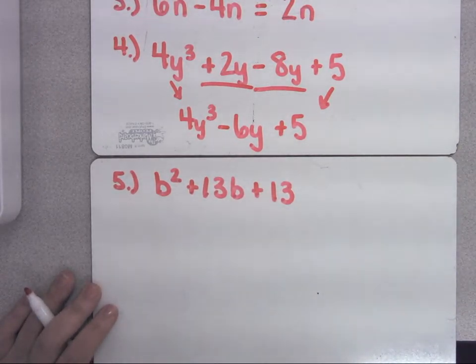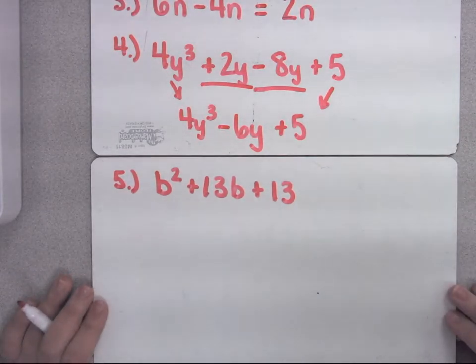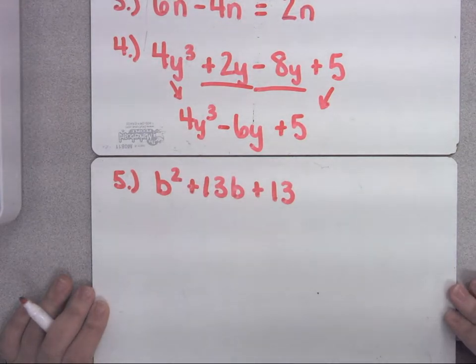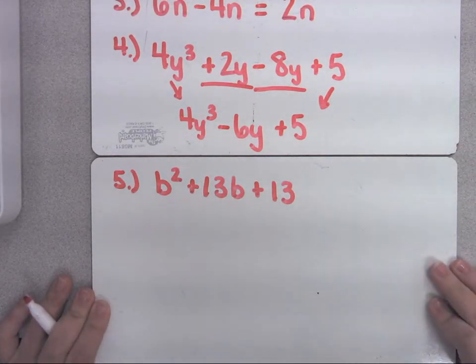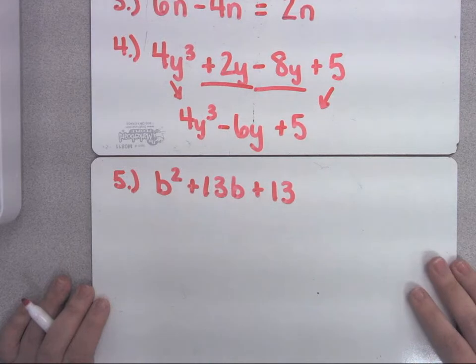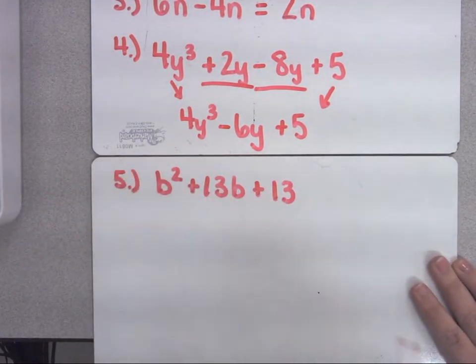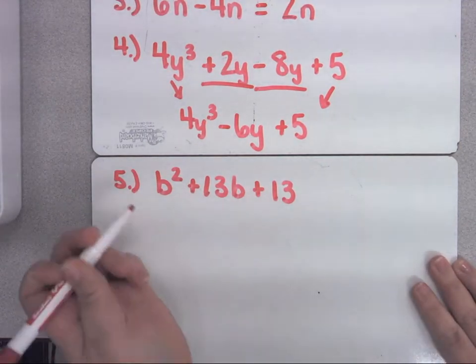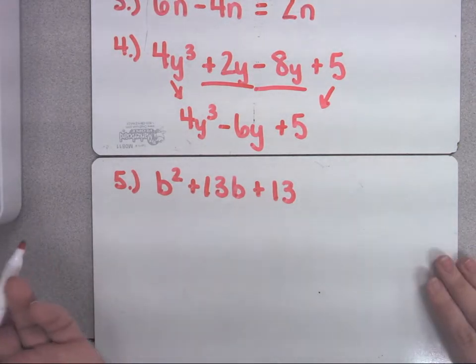Do you see anything they have in common? No, I don't see anything they have in common either. This has two b's, b squared. This one only has a b. This has no b's at all. That's just a number. Since these have nothing in common, I'd just rewrite them. So it's the same thing we had.